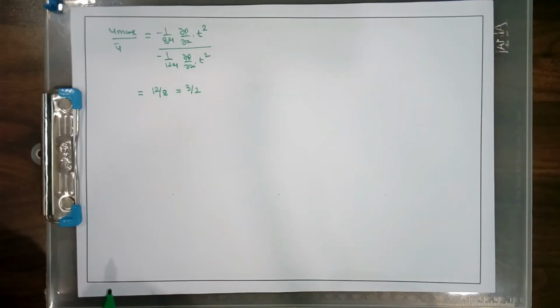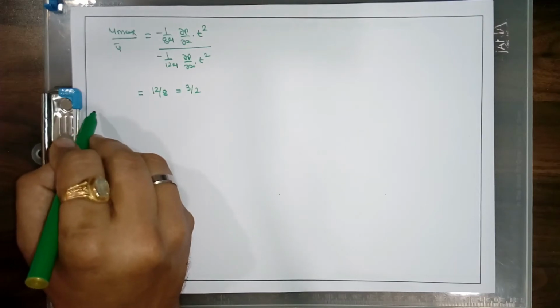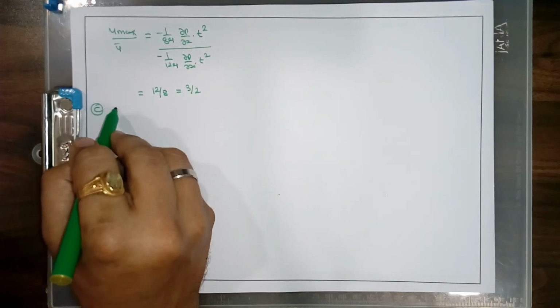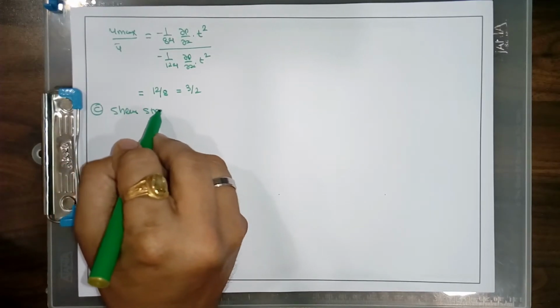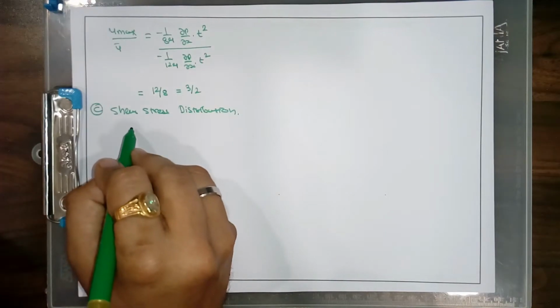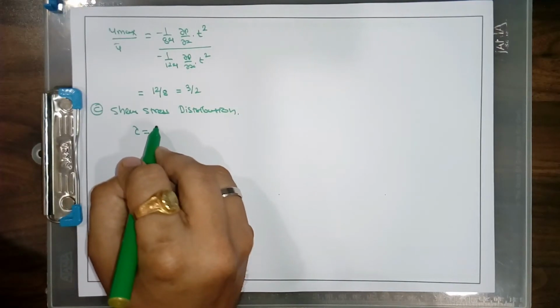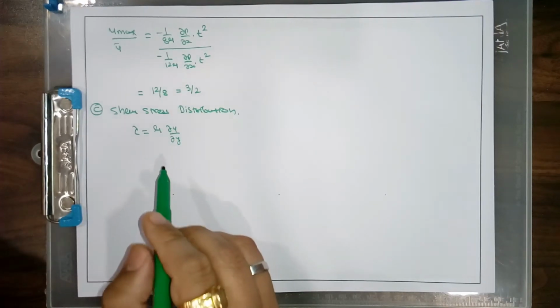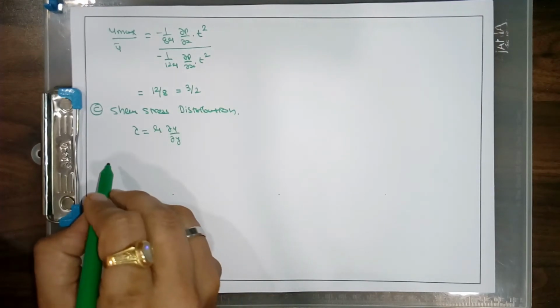Now students, after discussion of this ratio, we are going to calculate the shear stress distribution in this case. So we know Newton's law of viscosity, τ = μ ∂u/∂y. Now we put in the value of u over here.